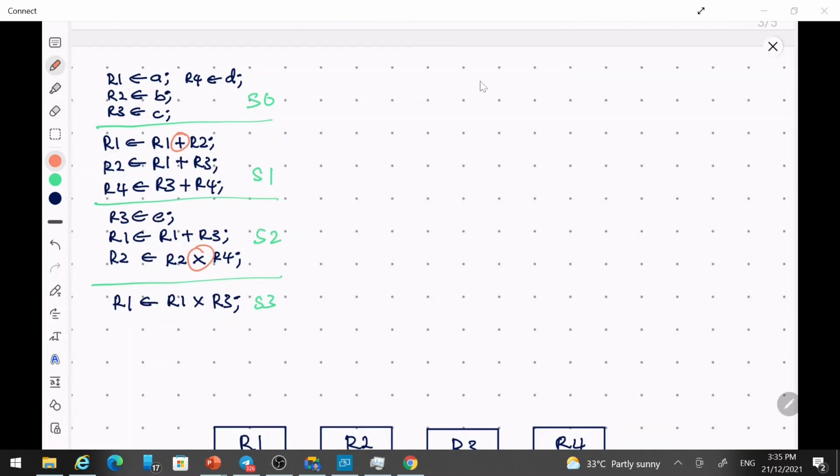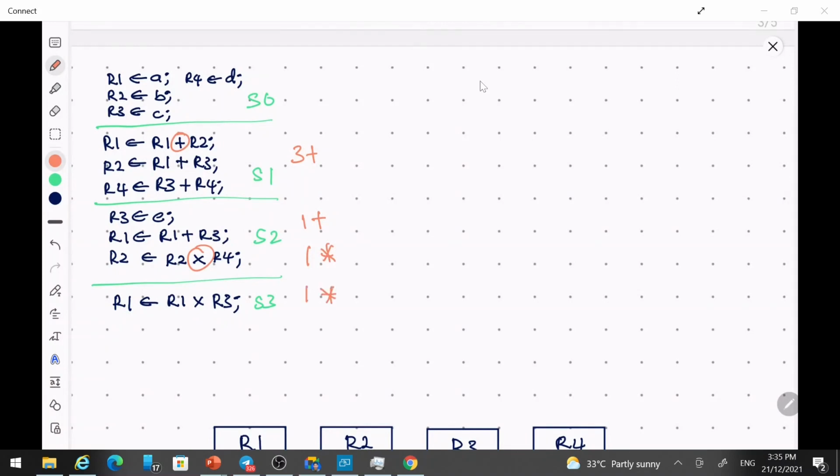But the question is how many adders you need. So look at the maximum number of adders or multipliers in each cycle. Here you need 3 adders and no multiplier. Here you need 1 adder and 1 multiplier. Here you have one multiplier.